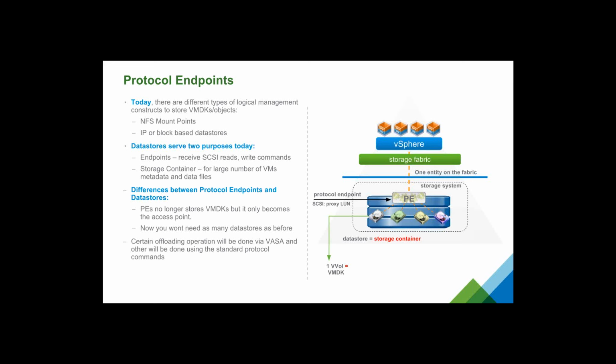A data store represents the target or mount point where your VMFS or, in the NFS case, your NFS file system lives. And it also sets up what's essentially the equivalent of a storage container with vVols. So it sets aside the data store or the mount point, and when you go in and look at this through vSphere, it will show the data store, which also is tied to that endpoint.